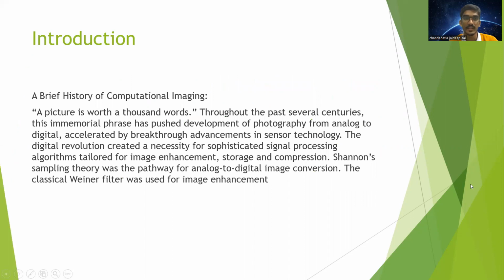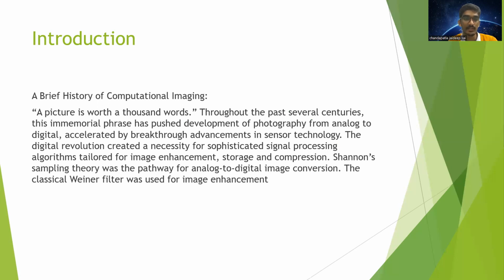Let's discuss the introduction. A brief history of computational imaging. A picture is worth 1,000 words. Throughout the past several centuries, this immemorial phrase has pushed development of photography from analog to digital, accelerated by breakthrough advancements in sensor technology.